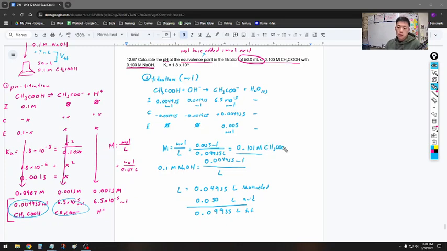All right, so what all these calculations are telling us is that once you've titrated in your base into the acid, the only thing you have left over is this right here. This compound is a conjugate base, the conjugate base of acetic acid. And because it's a base, this is actually going to affect pH.